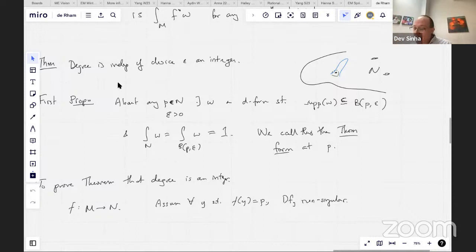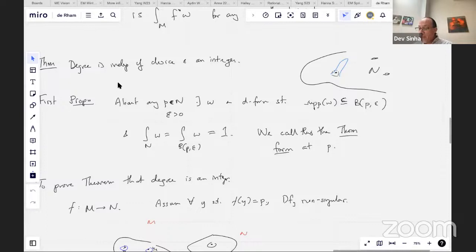And then what happens is, I've got my P in N. In M, I have all these different y's that map to P. I'm going to choose my epsilon for my bump form so that these go to nice disjoint balls.